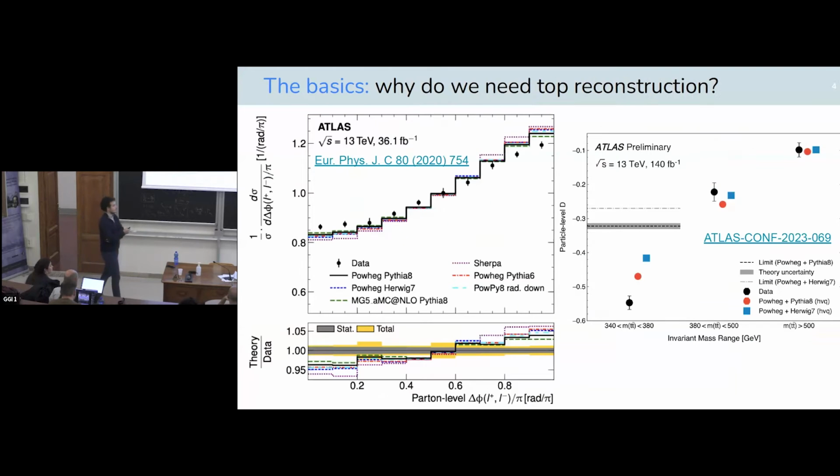But you can imagine the breadth of physics that we could do if we're able to reconstruct accurately all the other final states. All right, the second part is why do we need to do top reconstruction? This plot, I think, has been discussed on only one occasion, but this is telling us that we can do spin correlations, so classical angular distributions, with the spin-analyzing powers of the leptons. And these leptons we reconstruct very accurately in our detectors, both in Atlas and CMS.